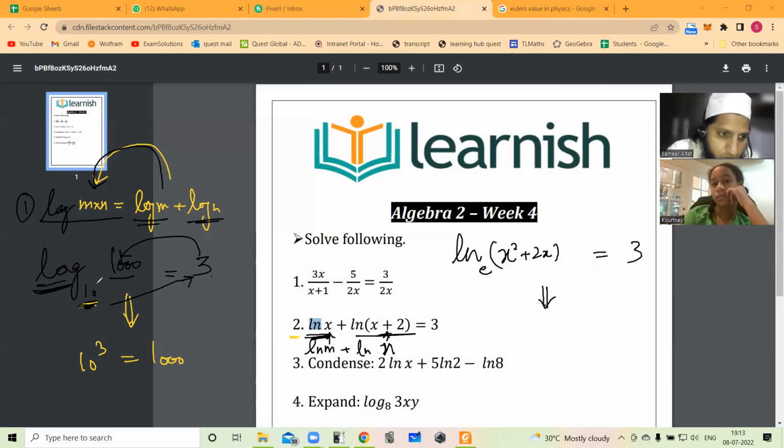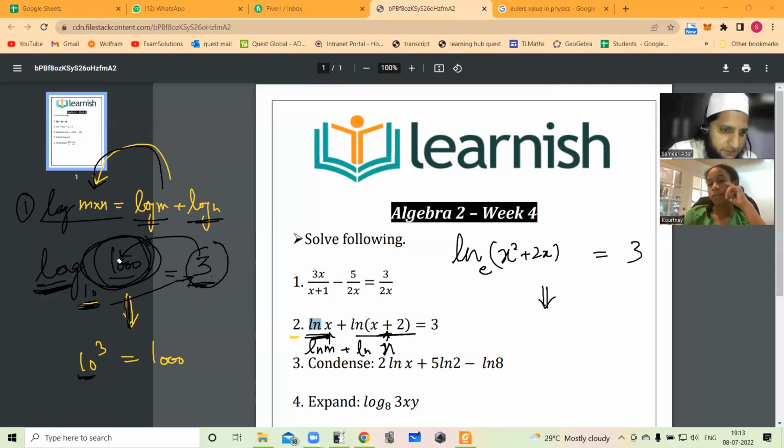Like here, log of some number to the base 10 equals 3. We wrote that equal to that base raised to the power 3, which is on the right side, equals this thing.